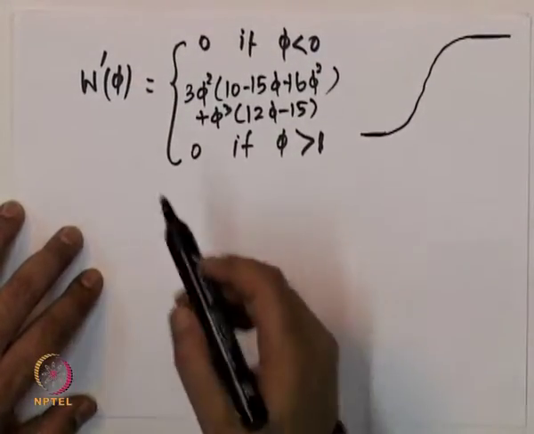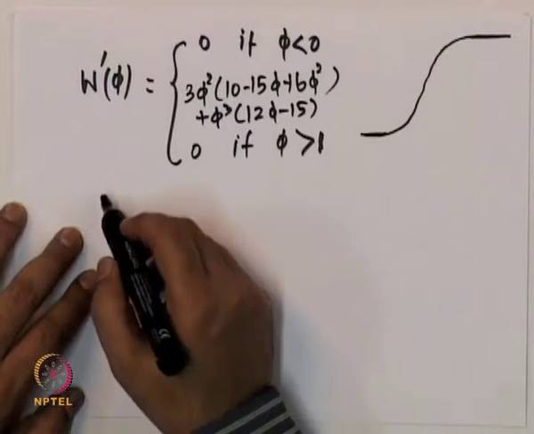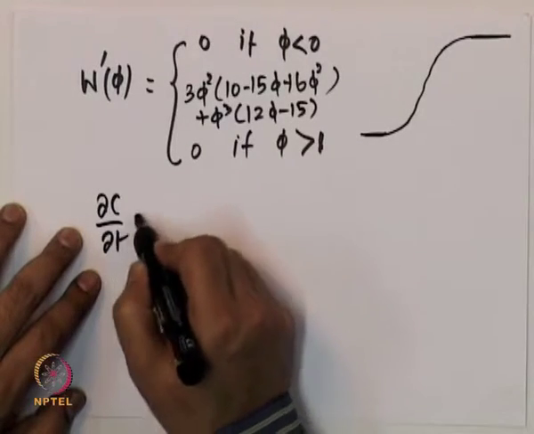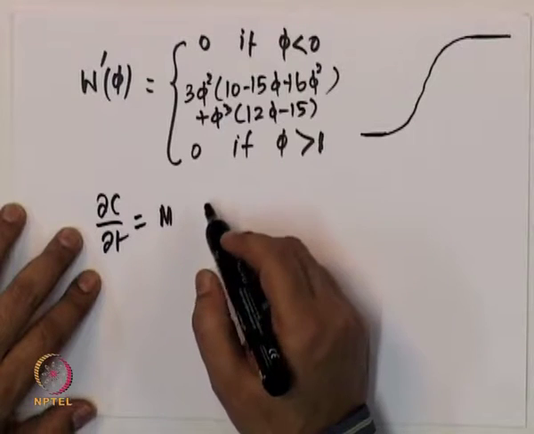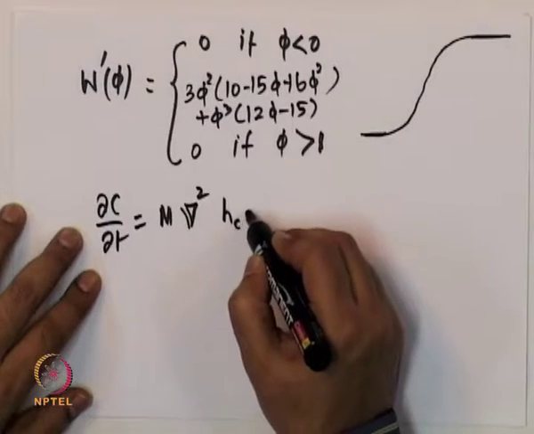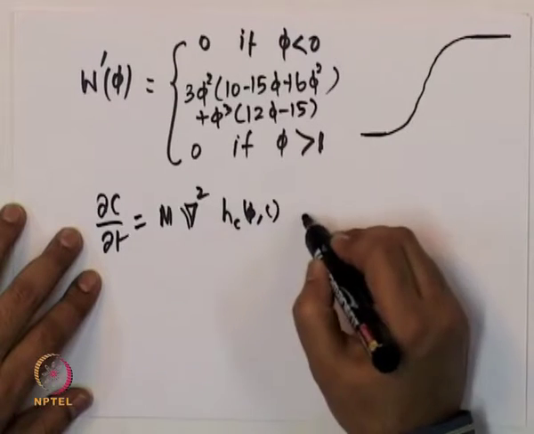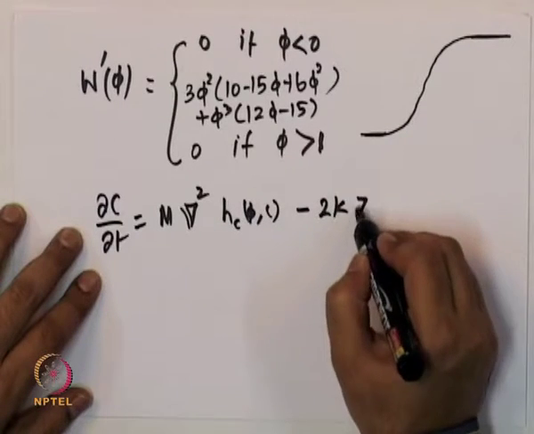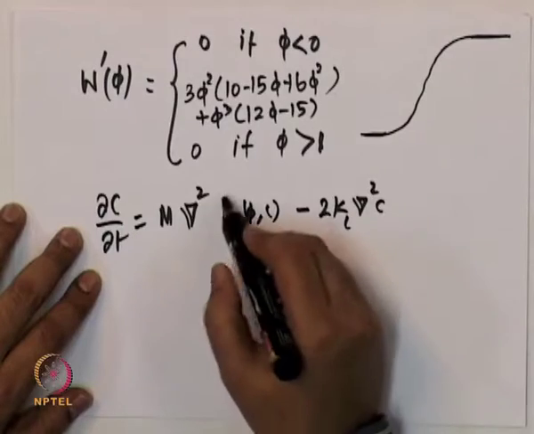So we know h of c, h of phi, so we have dou c by dou t is equal to m del squared acting on h of c comma phi minus 2 kappa c del squared c.